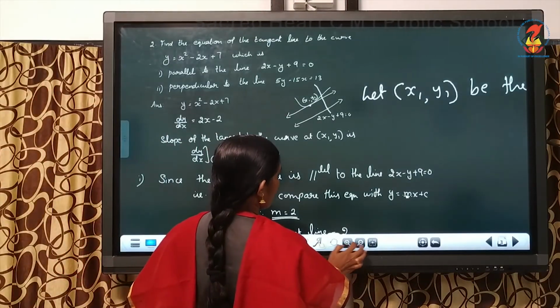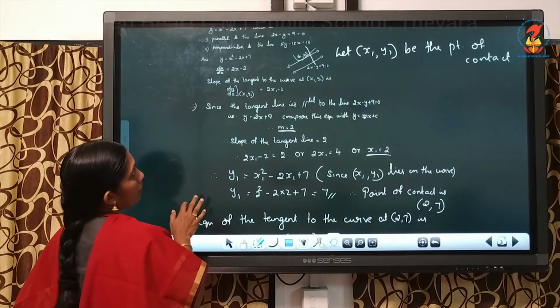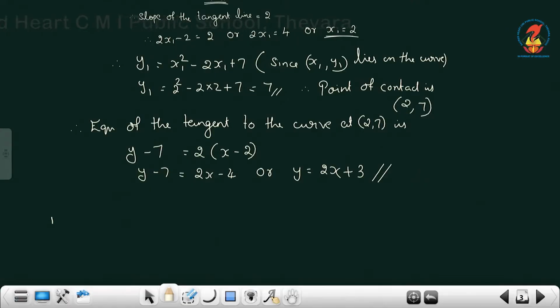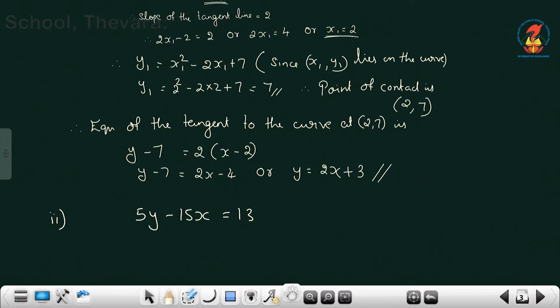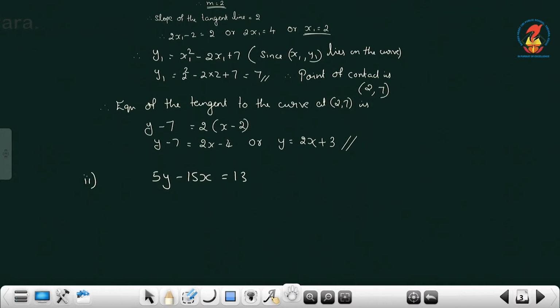So second part of the question, the equation is 5y minus 15x is equal to 13. Am I right? Yes.